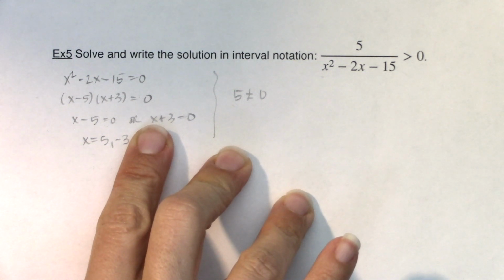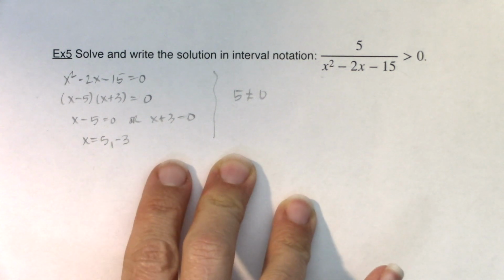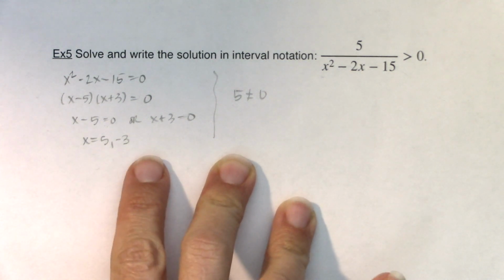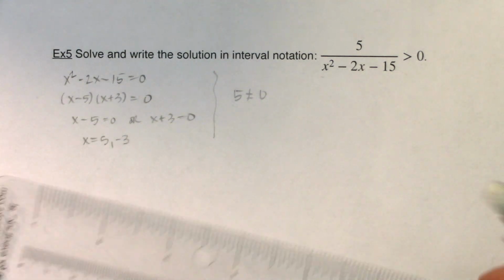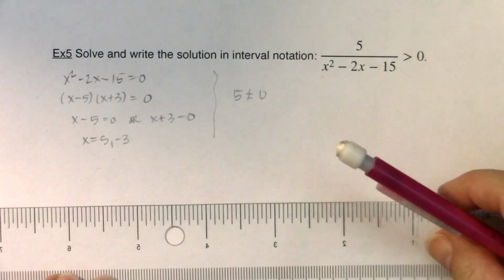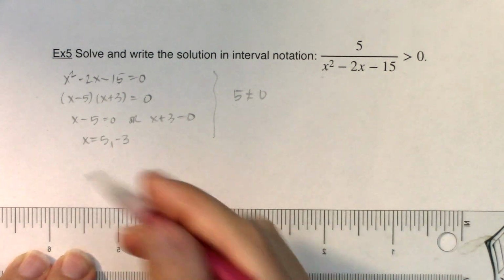Nothing comes of that. So now that I have these two x coordinates, negative 3 and 5, I'm going to go ahead and make my sign pattern. I'm going to make a little number line here, and then I'm going to properly label everything.